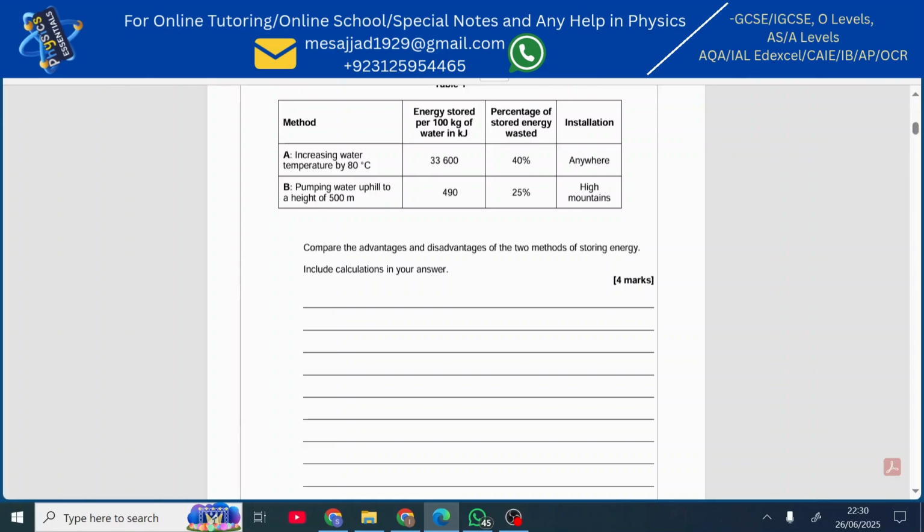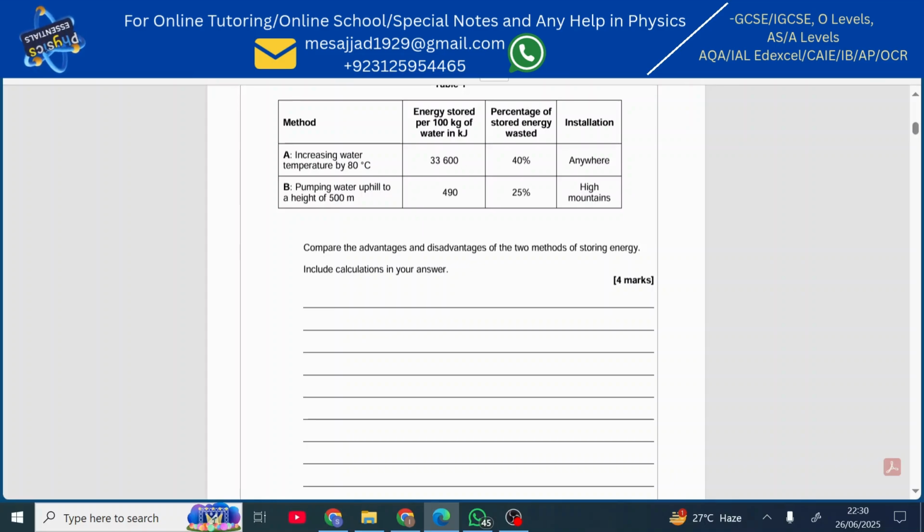And in the table, you can see that the heat energy that is stored in the water is about 33,600, and the wasted energy is 40%. And pumping water uphill to a height of 500 meters is consuming 490 kilojoules per 100 kg of water, and 25% of it is lost, and it can be stored up in some mountains.